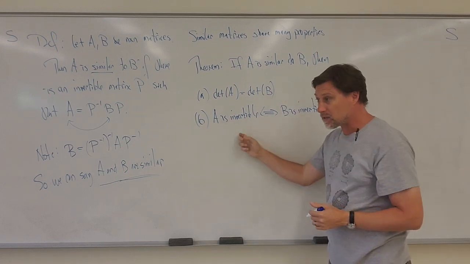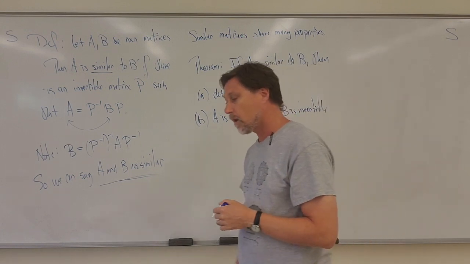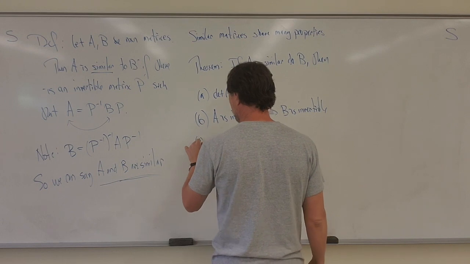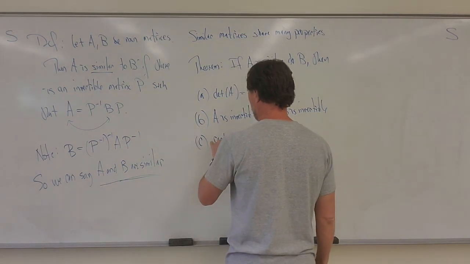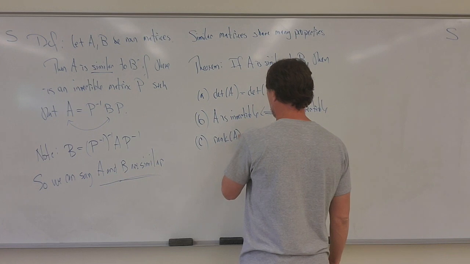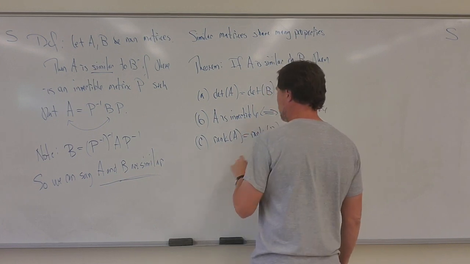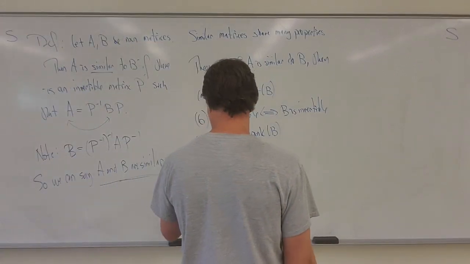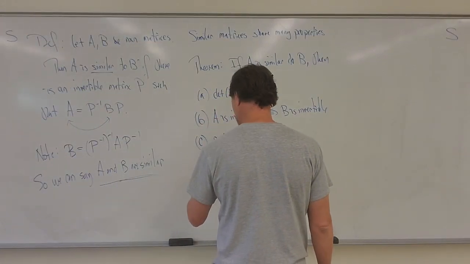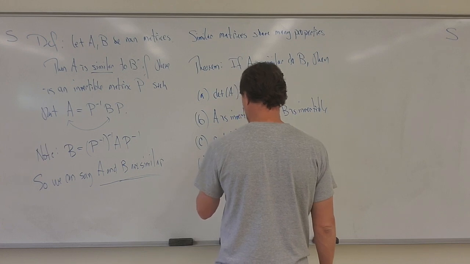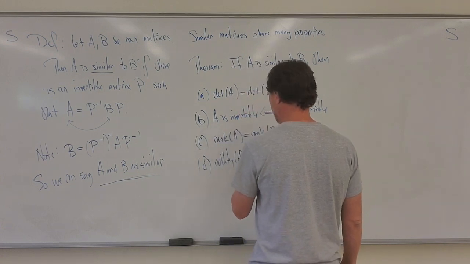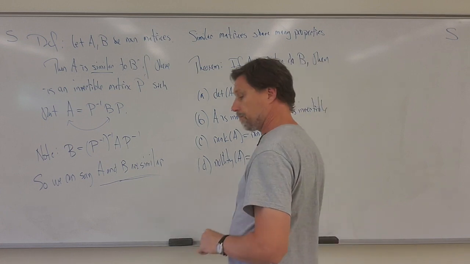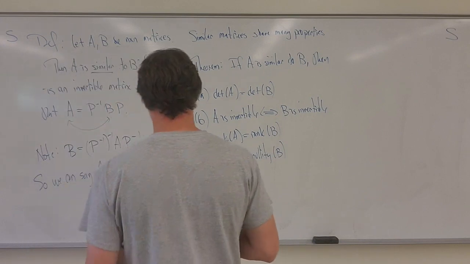If B is, then A is. If A is not, B is not, and so on. Part C: they both have the same rank, so rank of A is equal to rank of B. Part D: they both have the same nullity also, so nullity of A is equal to nullity of B.